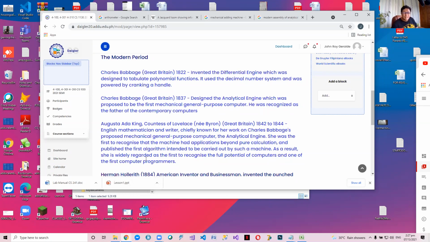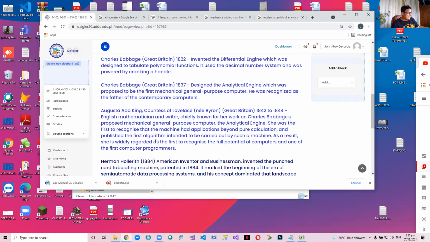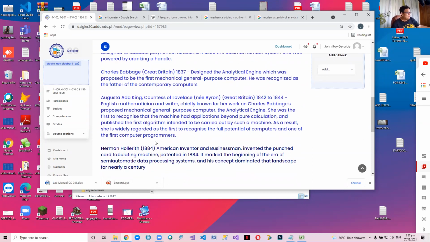Marami siyang sinulat. Because of that, she was known to be the first ever computer programmer. Although she did not do an invention, she demonstrated the usefulness of the analytical engine. Okay.